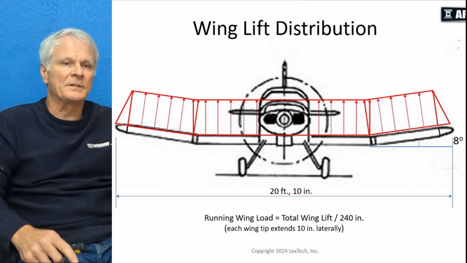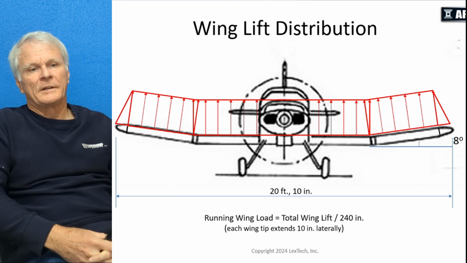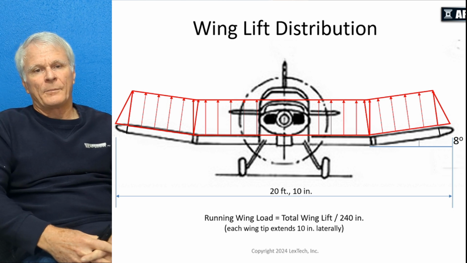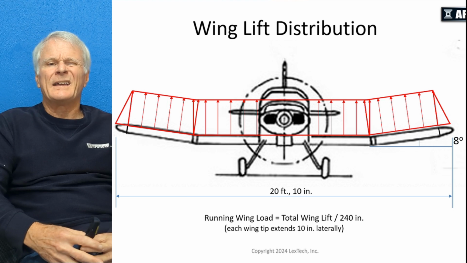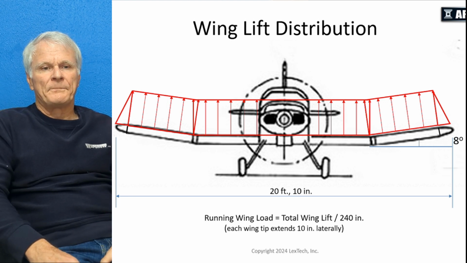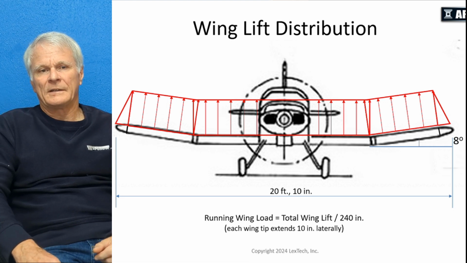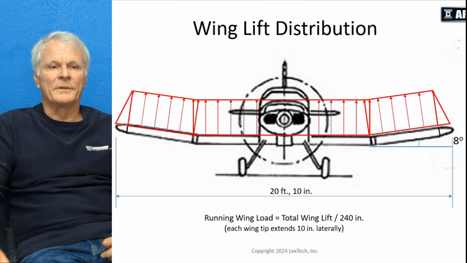Now I made an assumption on the wing lift distribution, a pretty simple assumption, assuming uniform lift. It's a constant chord wing, and you get the lift drop off as you get to the tips, and so I just assumed that drop off happened about 8 inches before the tips, right where the fiberglass wing tips are. So that made it simple because I used rectangles and triangles to calculate the lift and the moments.